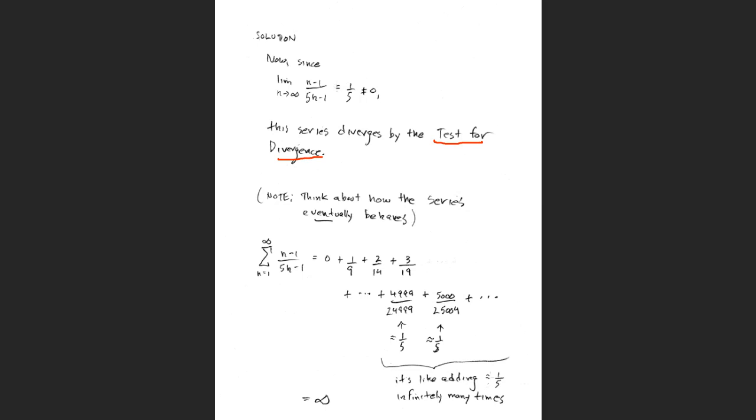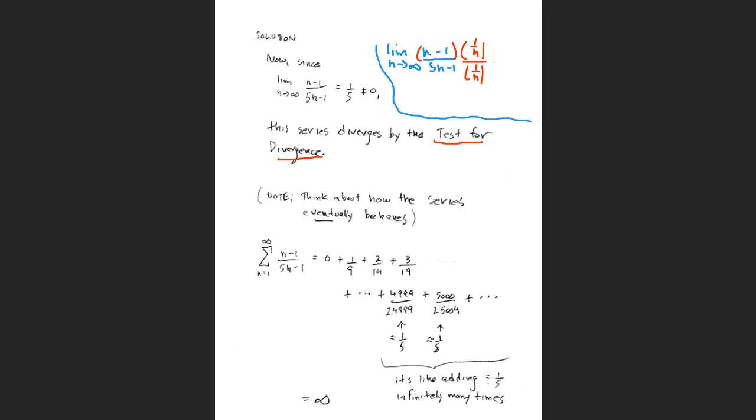Now, I can be a little more formal regarding this limit. We have the limit as n approaches infinity of (n minus 1) over (5n minus 1). And what I can do is multiply the numerator and the denominator by 1 over n.